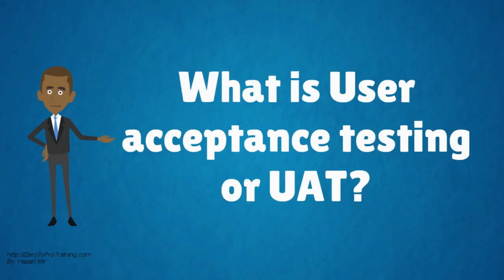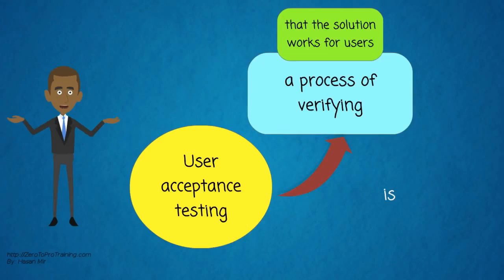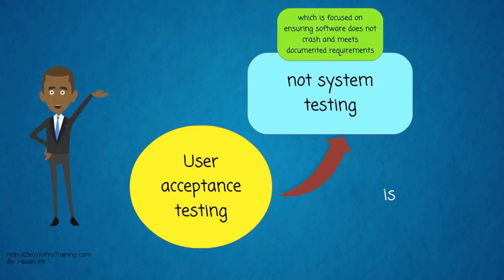In this video, we will talk about what is user acceptance testing, also known as UAT. User acceptance testing is a process of verifying that the solution works for the users. It is different than system testing, which is focused on ensuring software does not crash and meets documented requirements.